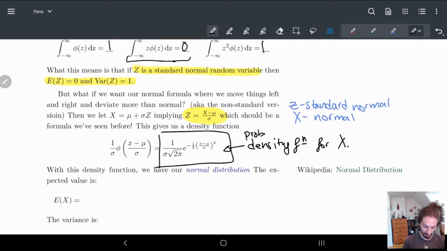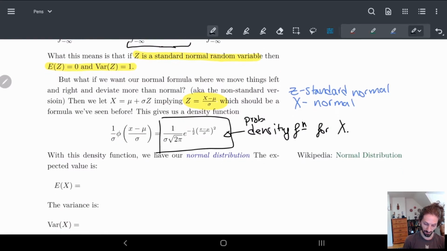And you can very clearly see the kind of things we had before. So we have 1 over sigma times square root of 2 pi. This 1 over sigma is basically helping us keep the area under the curve 1. And then we just plug in x minus mu over sigma, so x minus mu over sigma becomes squared, etc. And so that's the density function for our normal distribution.